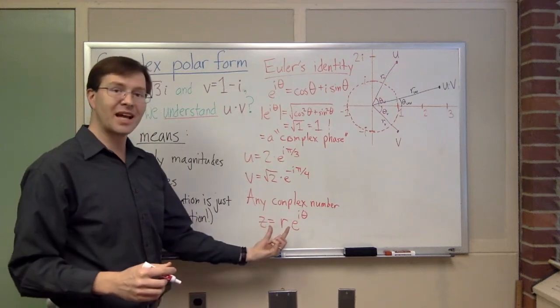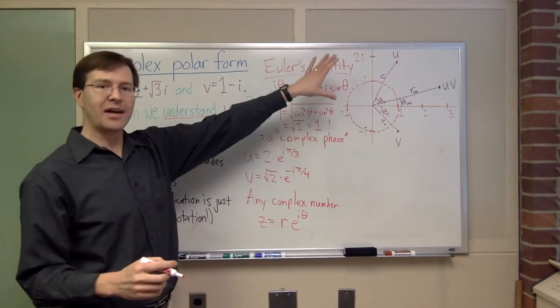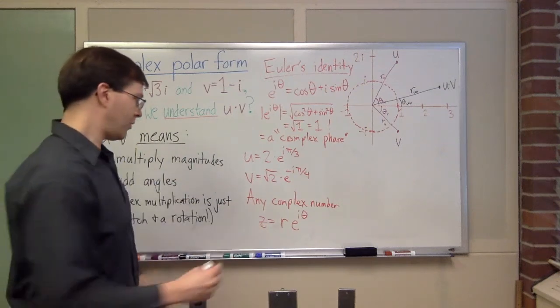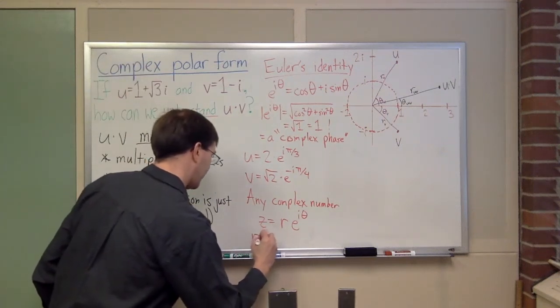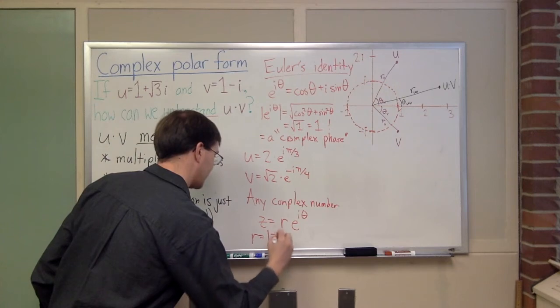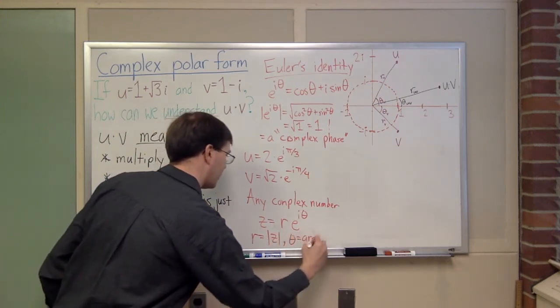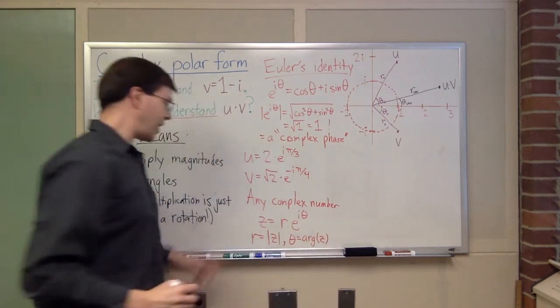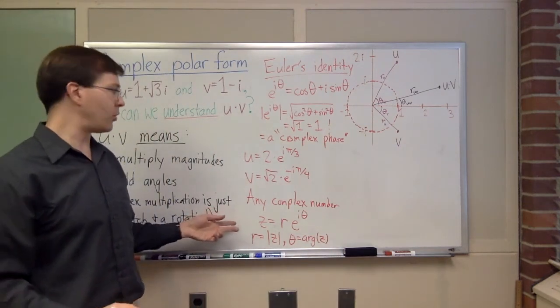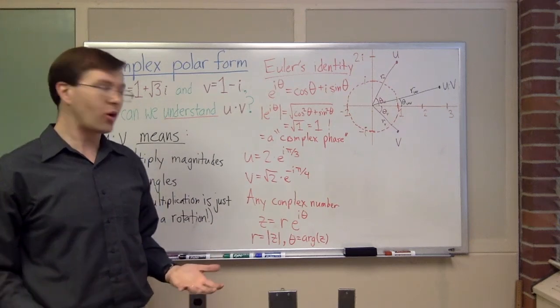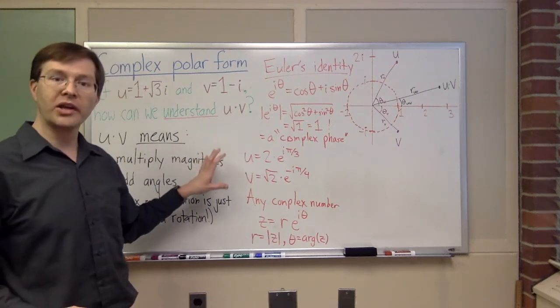And multiplying those together means exactly the complex number you want. Here r is the absolute value of z, the magnitude of z, and theta is the argument, arg of z. That's the general way for writing this in complex polar form. The cool part is that as soon as we write it in this form, all the results we saw earlier are obvious.